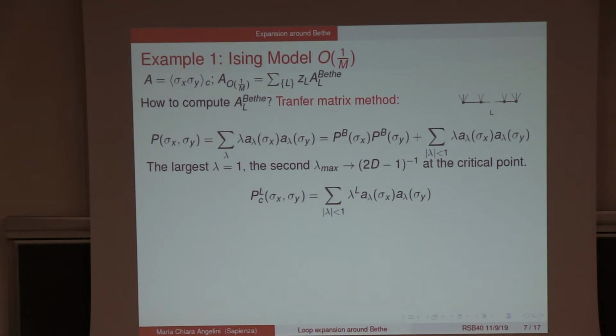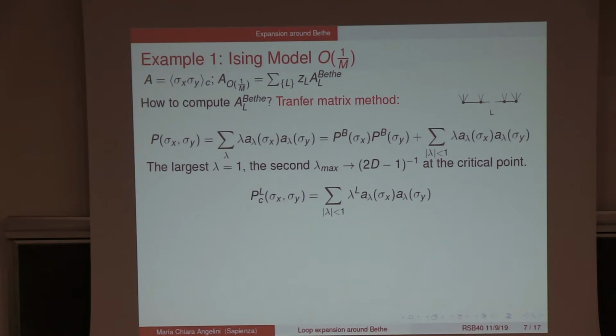Okay, so for the 1 over m term, we should compute this A, L, B, Bethe, and we have said that this term is the observable computed on a line of length L on a Bethe lattice. So how to compute it? We know it, because we have the transfer matrix method. We know that the joint probability of two spins is a matrix.